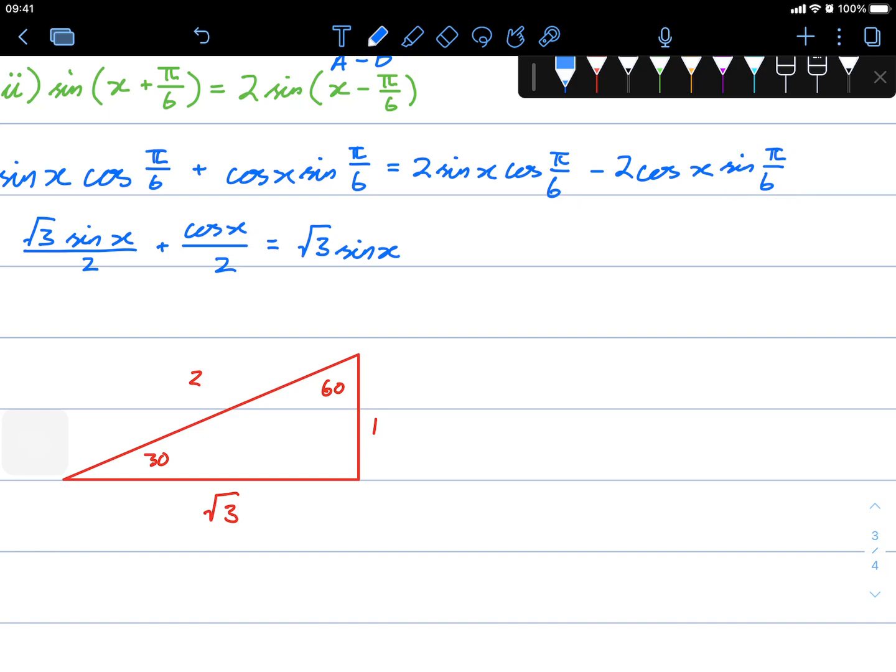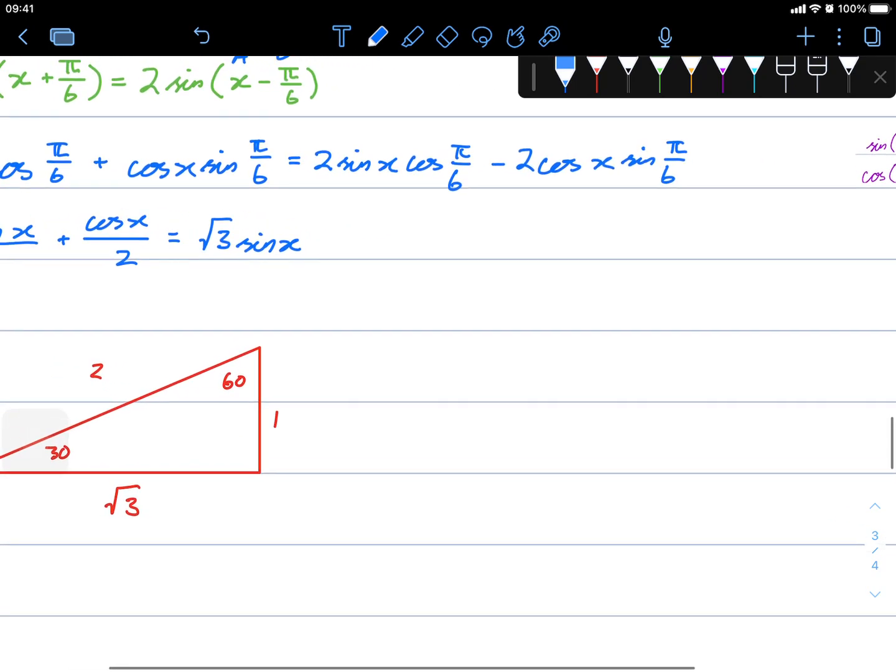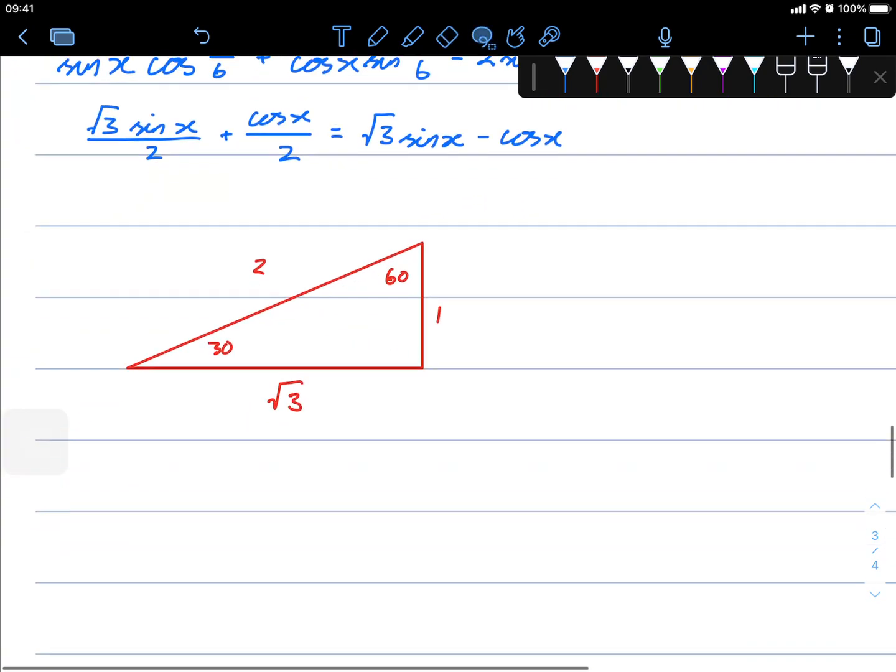Sine pi on 6 is 30 degrees. Sine of 30 is 1 over 2, so half, times that 2, so negative 2 cos x times half. Those two will cancel, leaving us with just cos x. So it's just cos of x.